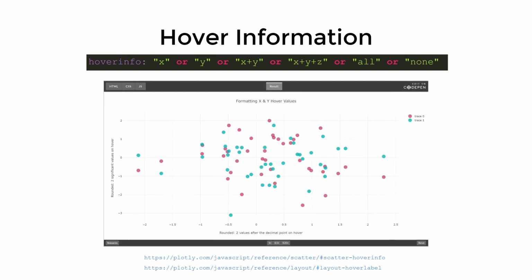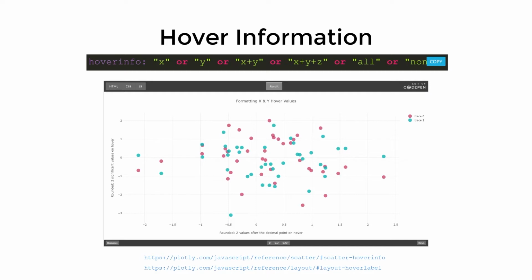The first interaction method that I'll walk you through are hover labels. Hover labels allow us to display extra information when a specific data point is hovered on. In this case, we're showing the X and Y values for that point. You use the hover info property in order to choose what data gets displayed when you hover over a point.